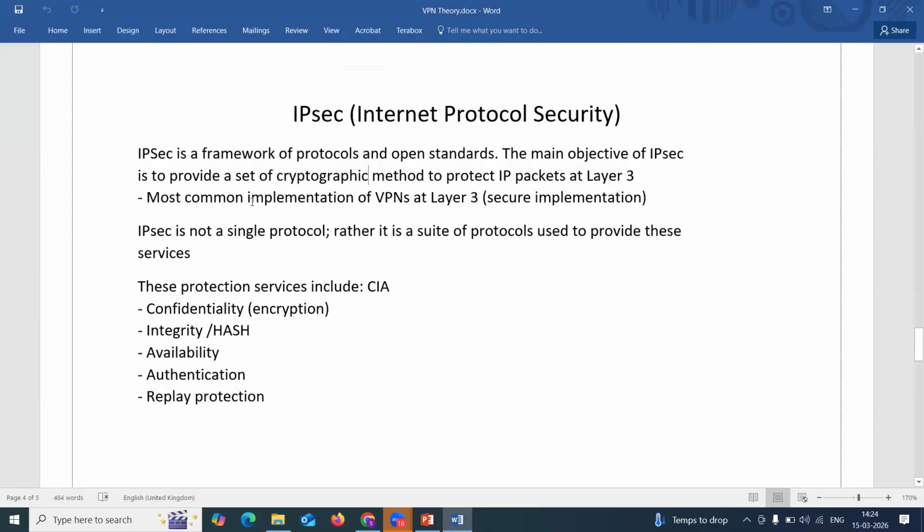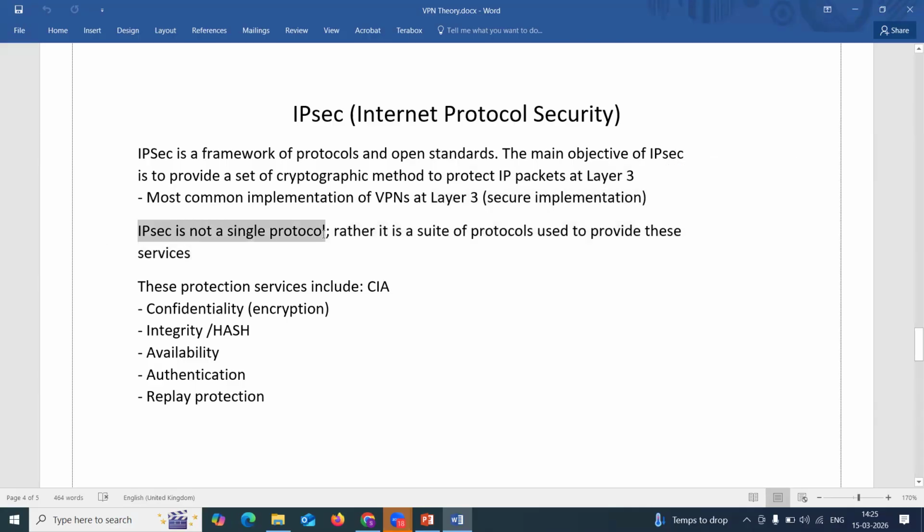Cryptographic methods include encryption, hashing, authentication, everything. In one word, you are telling everything, to protect IP packets at layer 3.